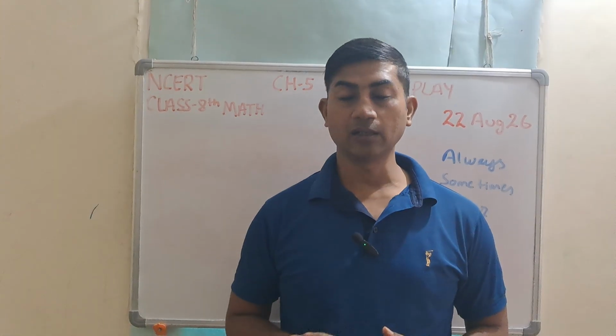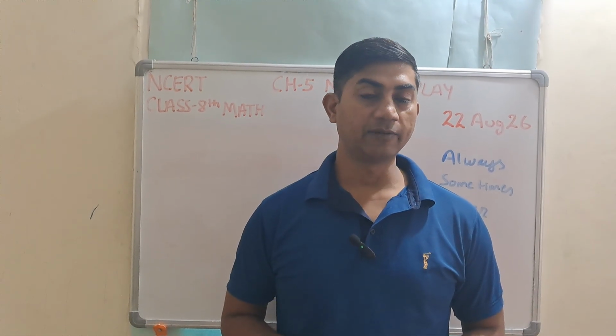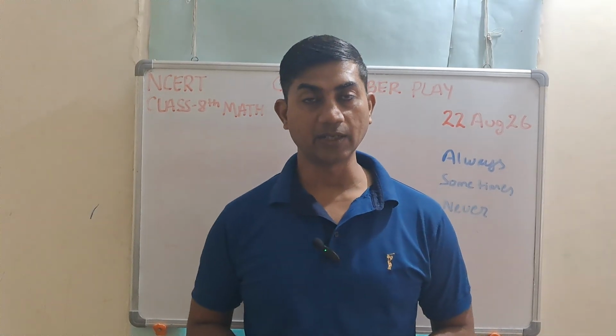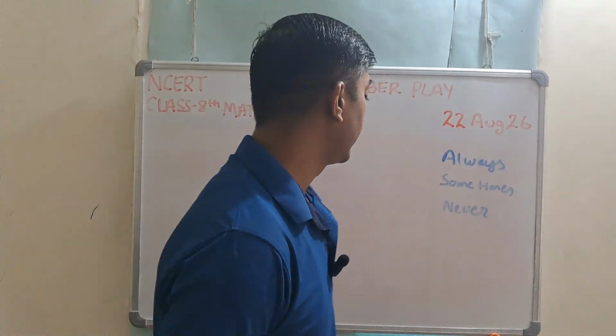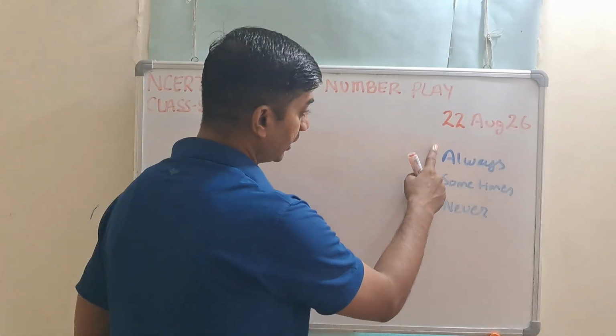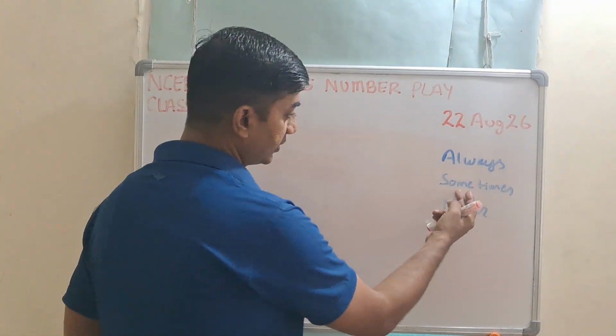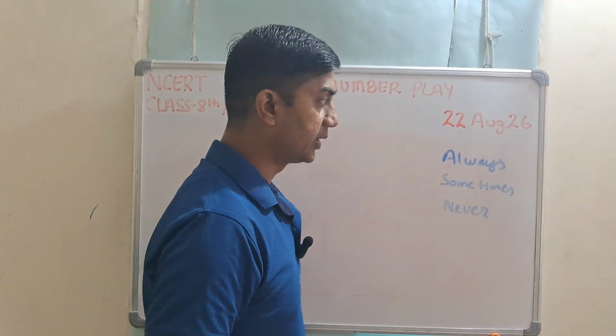What we discussed in the previous class, we will revise, then we will move ahead in this chapter. We were discussing some statements which are always true, sometimes true, or never true.